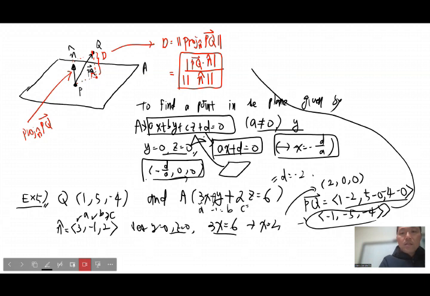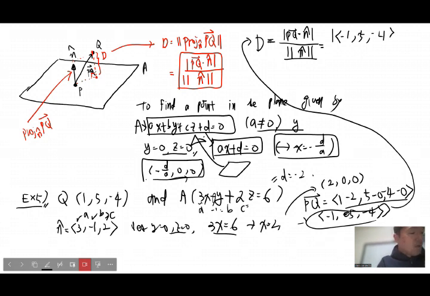Using this point, you can estimate the distance between the point and the plane. Based on the definition, it's the absolute value of the dot product between PQ and the normal vector n, divided by the magnitude of the normal vector. That is (-1, 5, -4) dot (3, -1, 2).